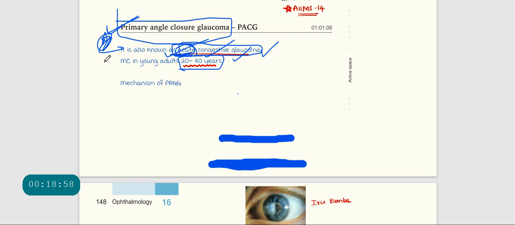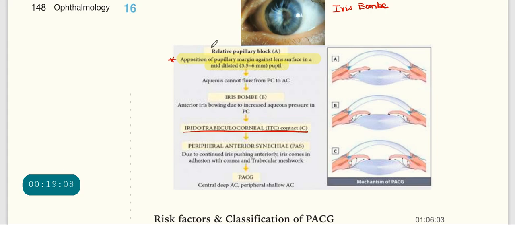Now what is the mechanism for PACG? There is a relative pupillary block, an apposition of the pupillary margin against the lens surface in mid dilation, approximately 3.5 to 6 mm.